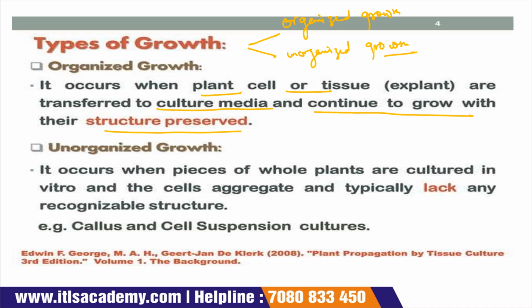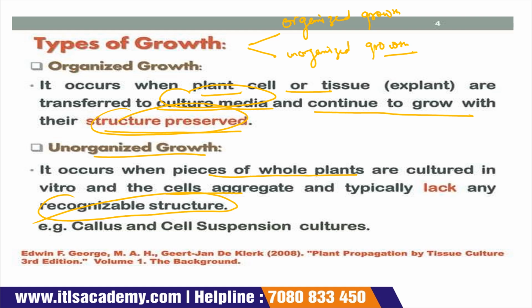Unorganized growth can occur in pieces of a whole plant cultured in vitro, and the cells aggregate and typically lack a recognizable structure.